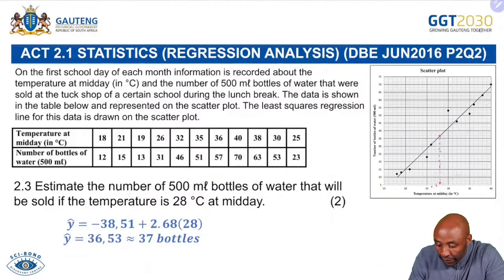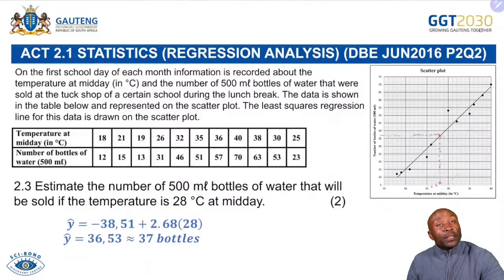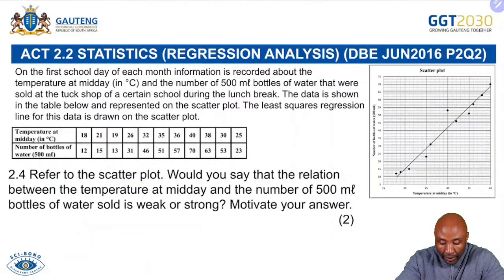When we get to the graph, we are able to estimate, use a ruler, and still it will give us 37 bottles of 500 milliliters of water. We move on. The second one, we are supposed to use the data. We will have to comment, so I'll give you 2 minutes to answer that question.